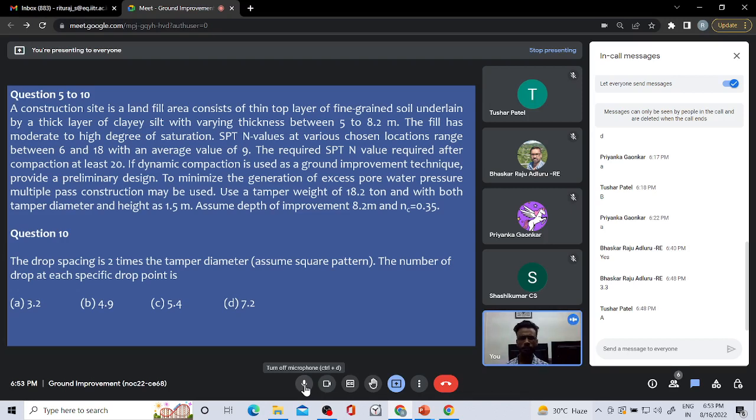Any answer, guys? Option C. Which one? C. C, 5.4. Okay. Anyone else having some other answer other than Tushar? It's just formula based.